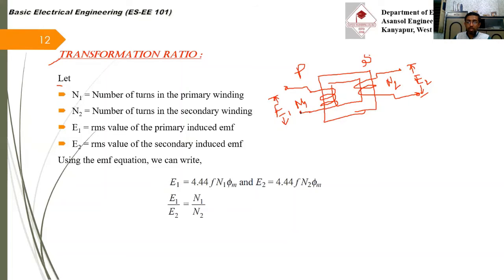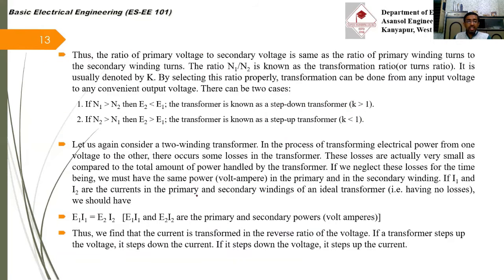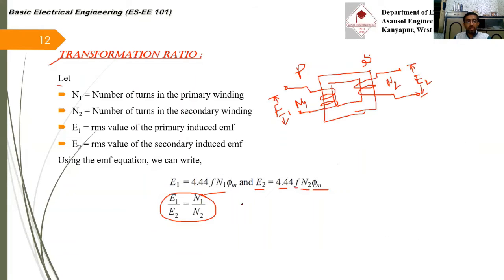Now, E1 equals 4.44 f N1 phi m, which we already discussed in the previous session, and E2 equals 4.44 f N2 phi m. So if we calculate their ratio, we will find that E1 by E2 equals N1 by N2. This is called the transformation ratio.